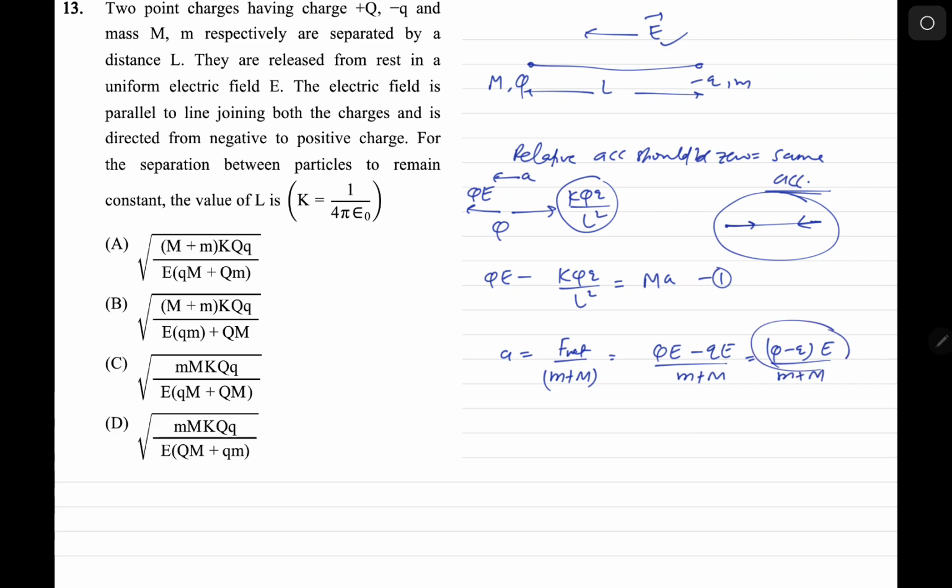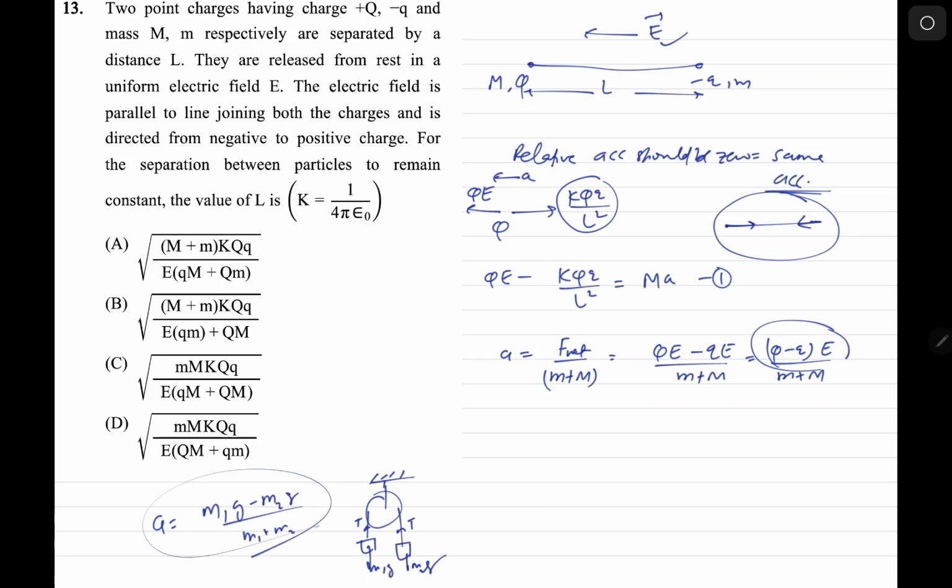This is again similar to that pulley system. If you did a question on the pulley, there's a block here and another block here. The tensions are acting, we write m1g here, m2g here, right? And acceleration equals m1g minus m2g by total mass.